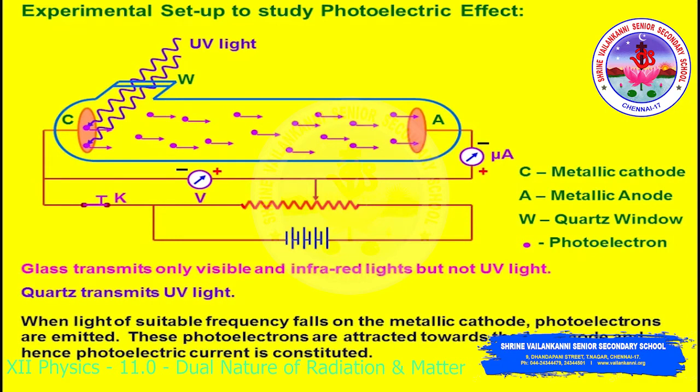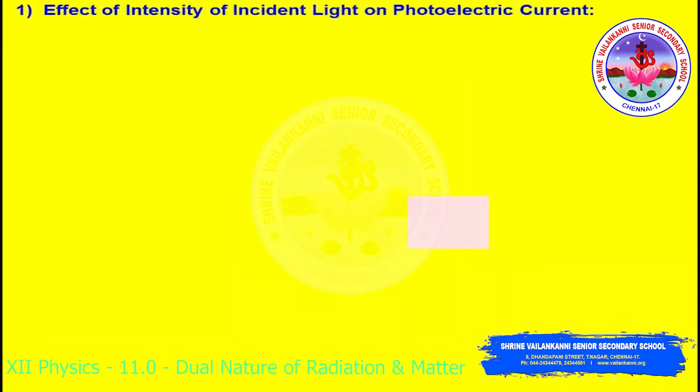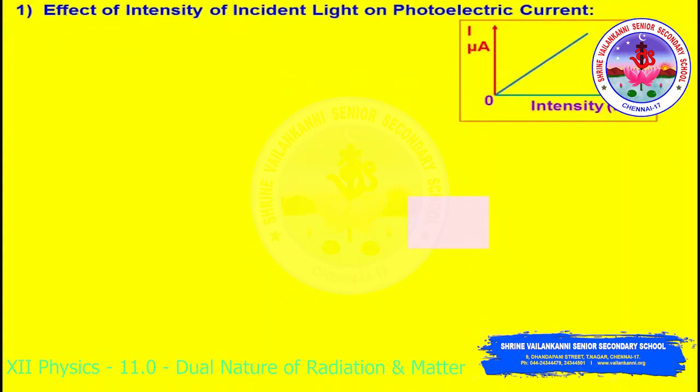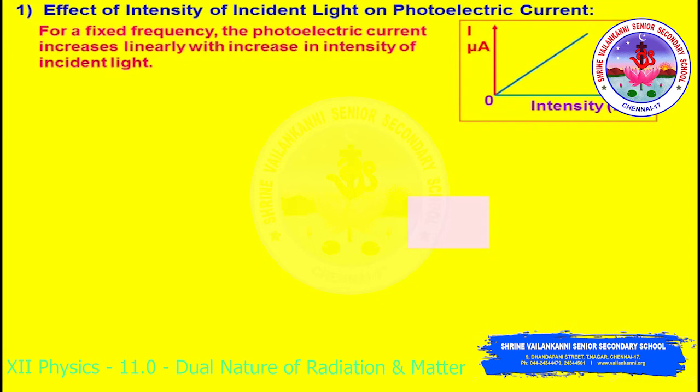Now, with the help of the study of the experimental setup of the photoelectric effect, we must know what the effects of intensity of light on the photoelectric current are. If we allow radiation of fixed frequency to fall on a plate, with the accelerating potential difference between the two electrodes kept fixed, then the photoelectric current is found to increase linearly with the intensity of incident radiation.